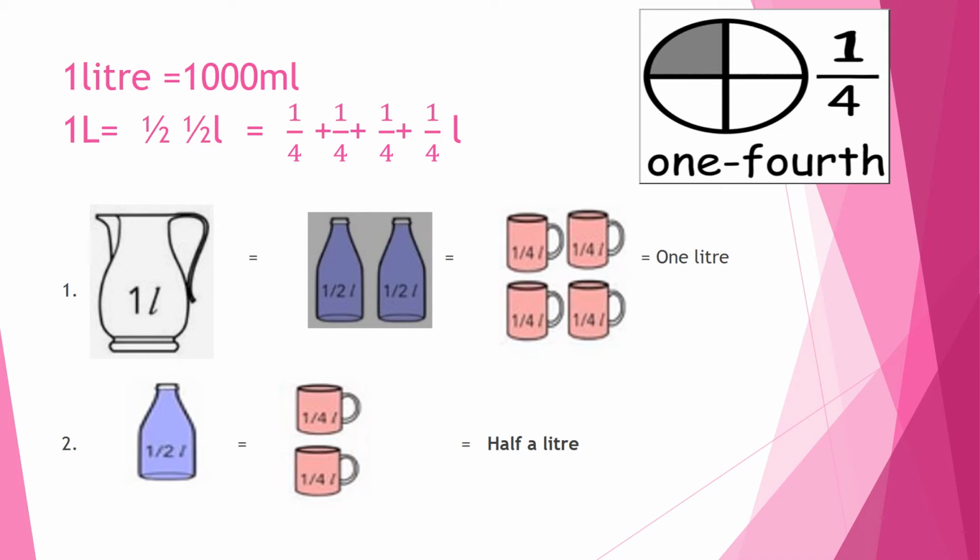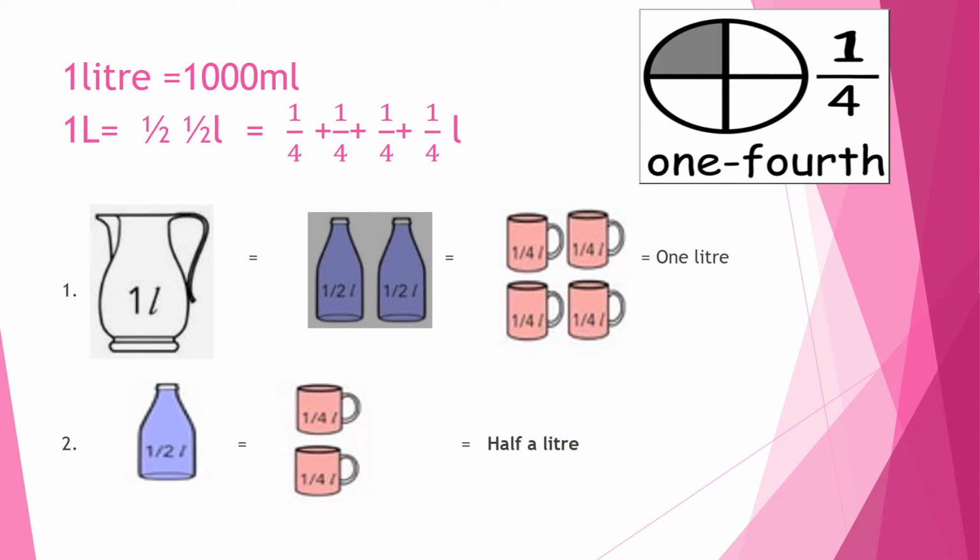And we'll be looking at how to add fractions to give us a liter. So we can add half plus half a liter to give us 1 liter. We can add half a liter of liquid plus another half a liter of liquid to give us 1 liter.